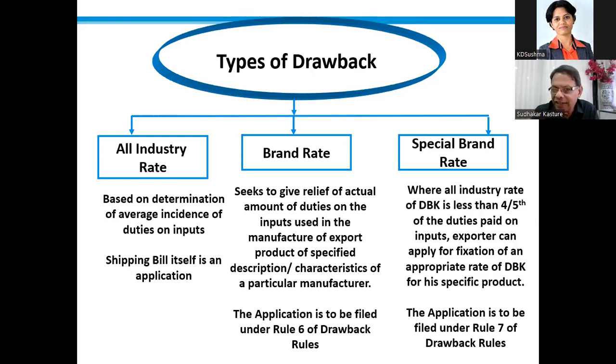So practically there is no difference between brand rate and special brand rate. Mechanism is same. Only difference is in case of brand rate, all industry rate does not exist. In case of special brand rate, all industry rate exists, but it is inadequate. This is how the remission scheme is monitored.